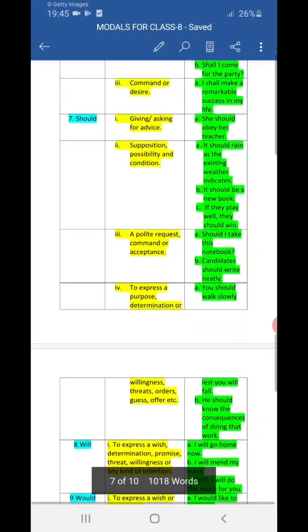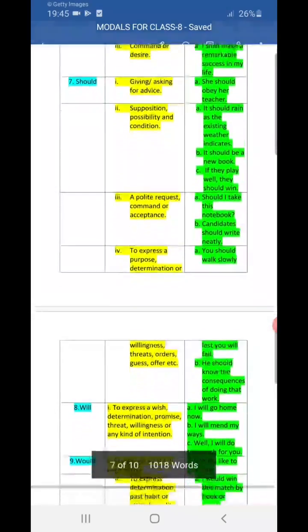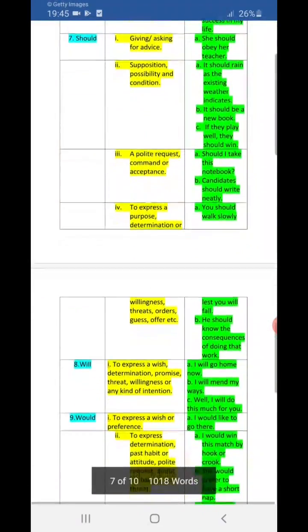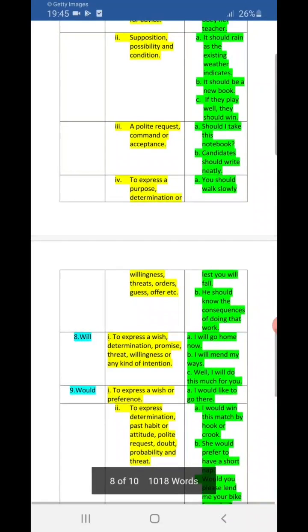Next, number 4. To express a purpose, determination, or willingness, threats, orders, guess, offer, etc. Example number A. You should walk slowly lest you will fall.